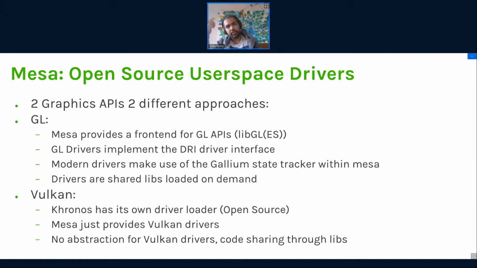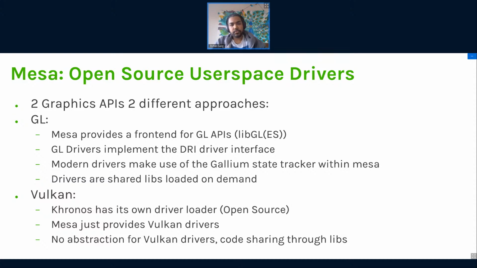So there are a couple of graphics APIs that are provided by Mesa. So the first one is OpenGL, and it provides a front end for OpenGL and GLES. The modern day drivers make use of something called Gallium, which is a state tracker within Mesa, and the drivers are shared libraries that are loaded on demand.